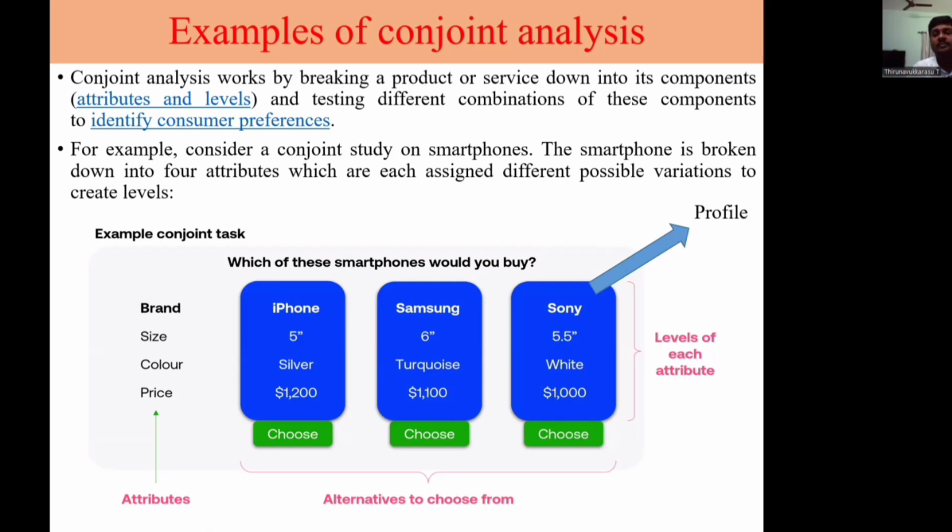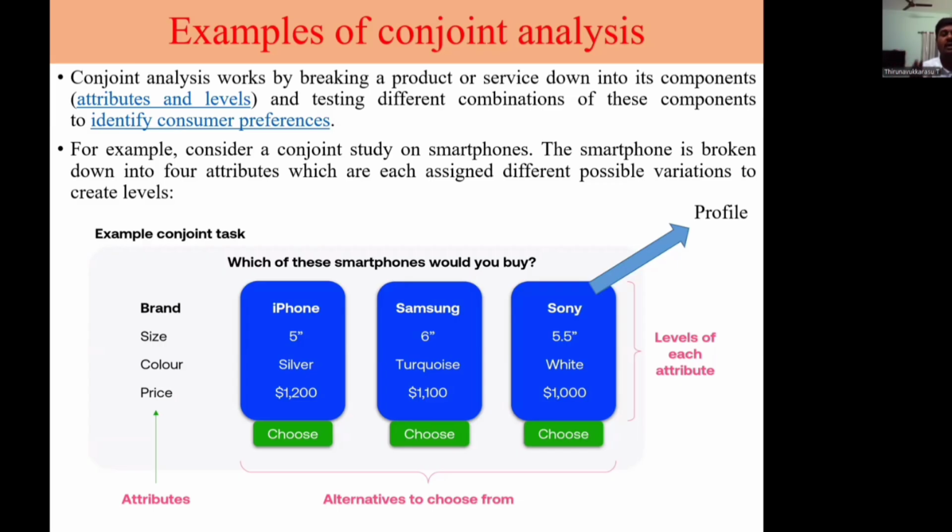Now, once again, I would like to discuss the same example. In this slide, I have mentioned three different brands of one particular product. The product is a smartphone, with three different brands: iPhone, Samsung, and Sony.